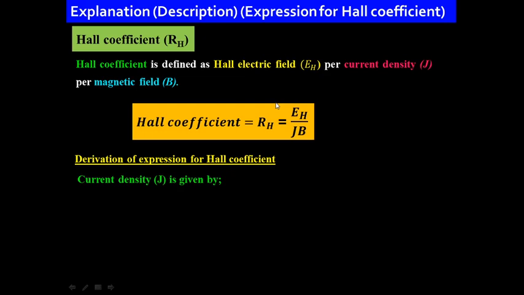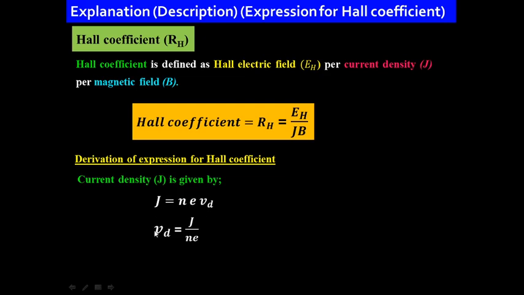We know that the current density is given by J equals N e Vd, where e is the charge on the charge carriers, suppose electrons, N is the charge carrier density, and Vd is the drift velocity. From this we can determine Vd.